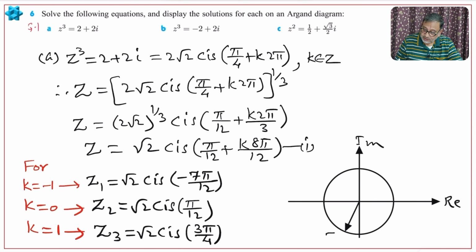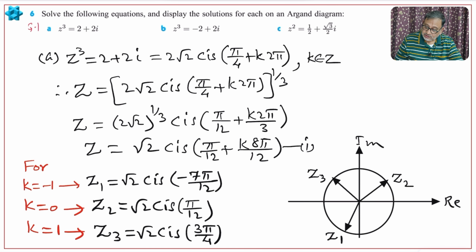Yeah, it will be somewhere here. So z1 I will represent only by z1 because I already have it. Then root 2 cis pi by 12 will be in the first quadrant, so it will be something like this. I can represent z1, z2, z3 in any order, but no problem. And the third one will be here, z3.